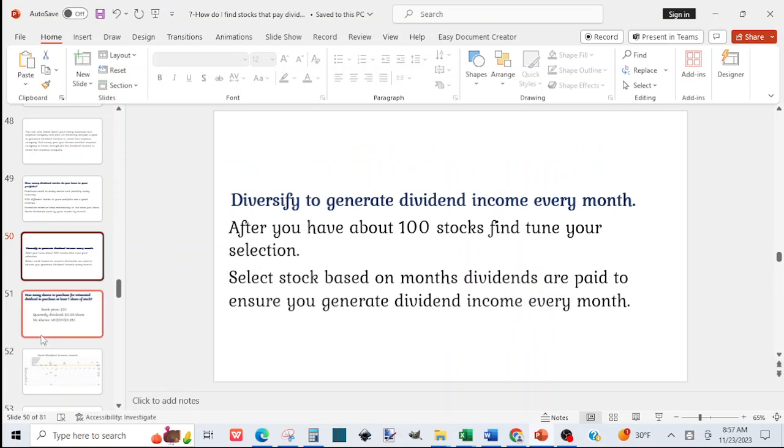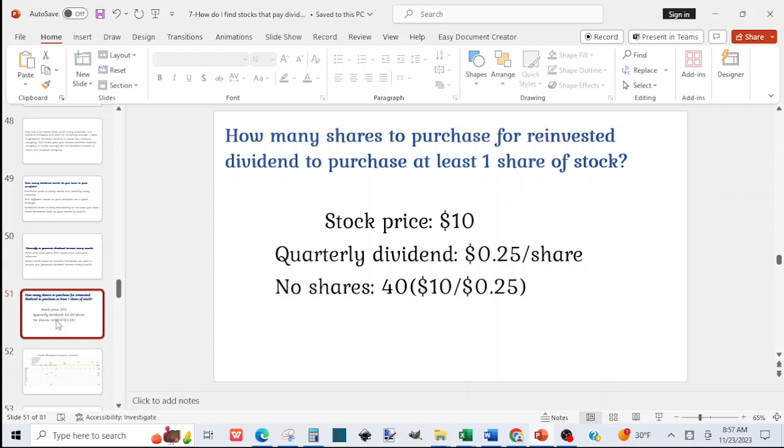Okay, so let's talk about another way you can determine how many shares of a stock to buy if you have a lot more money to work with. When you find a stock that is good and you are ready to buy some shares, you can ask yourself how much you will invest so that when they are ready to pay dividends, they will pay enough dividend to buy one share.